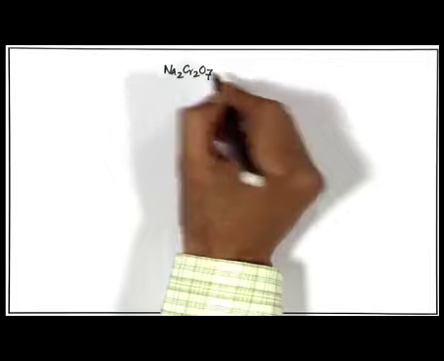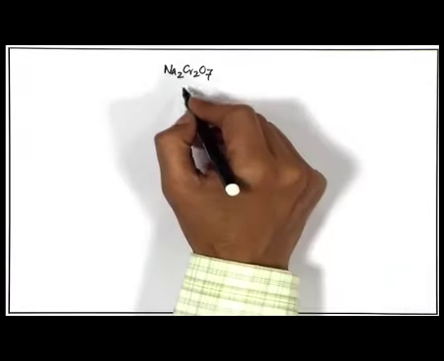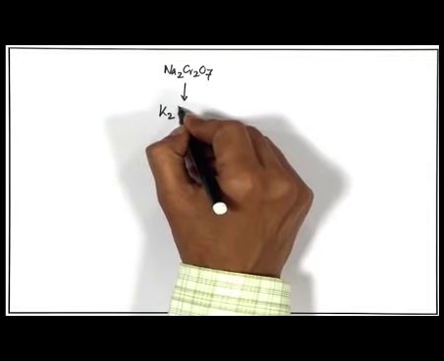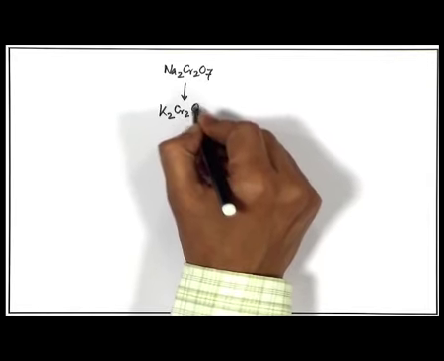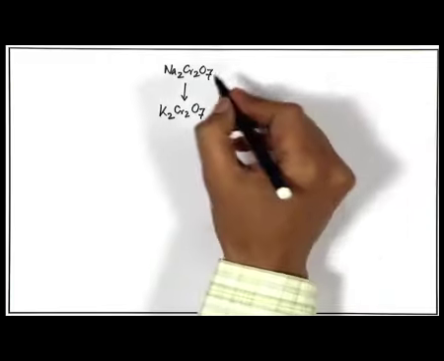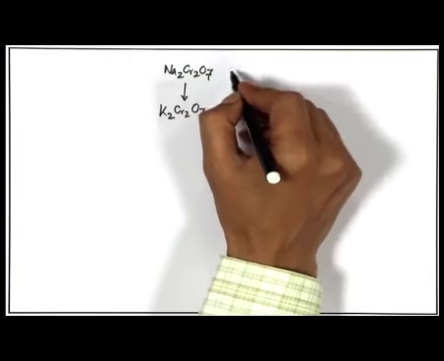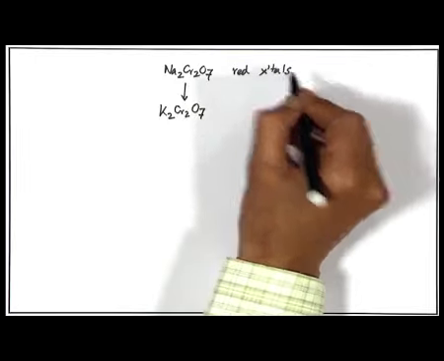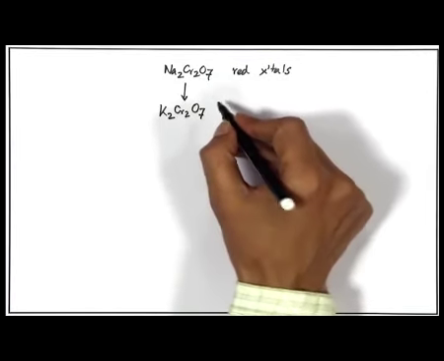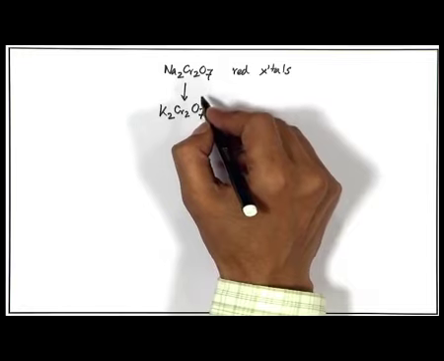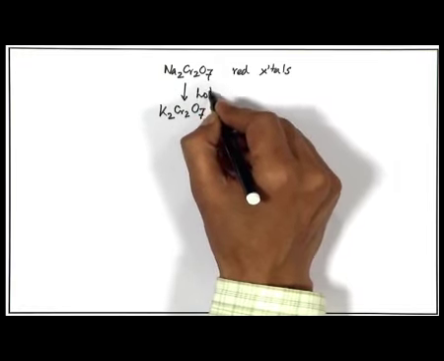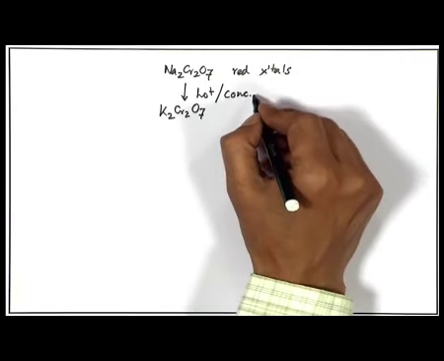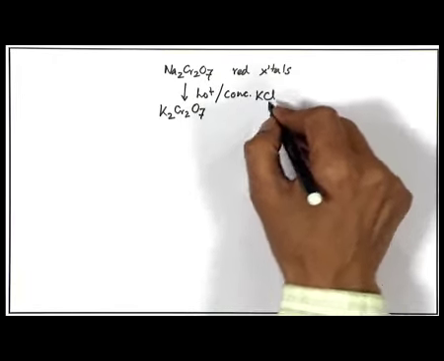From the Na2Cr2O7 that we get from the chromite ore, we can make the corresponding potassium salt K2Cr2O7, which forms red crystals, by the addition of a hot, concentrated solution of potassium chloride.